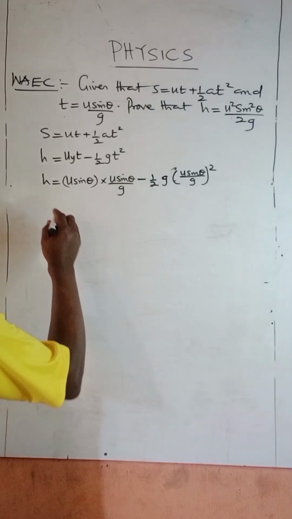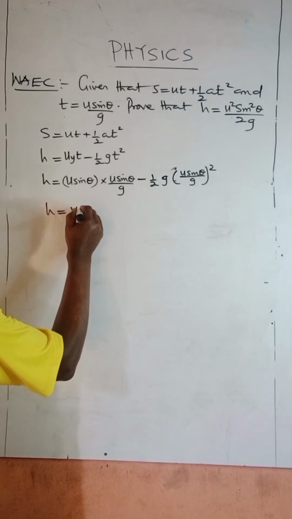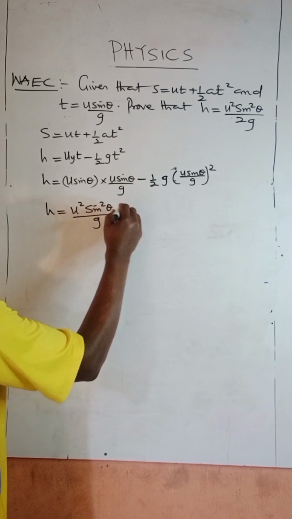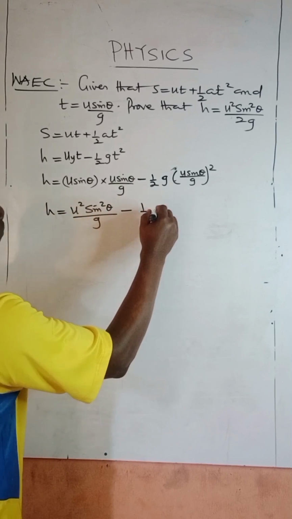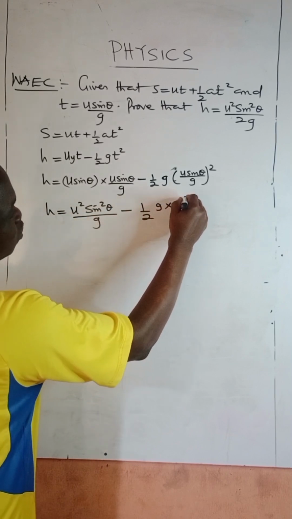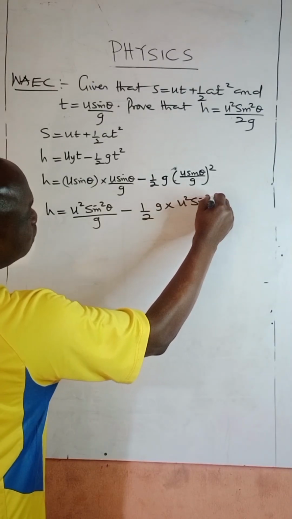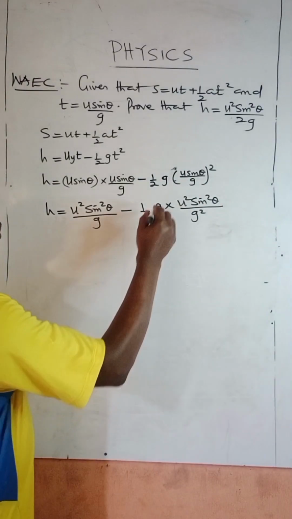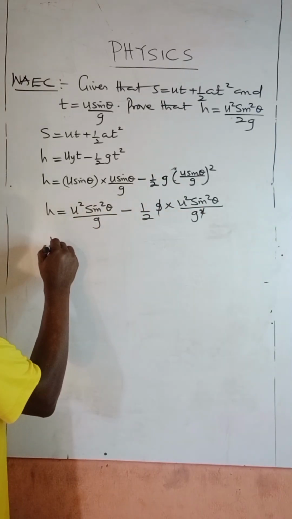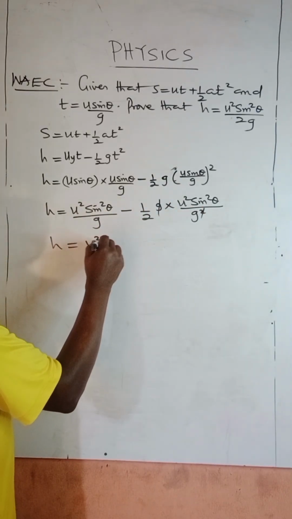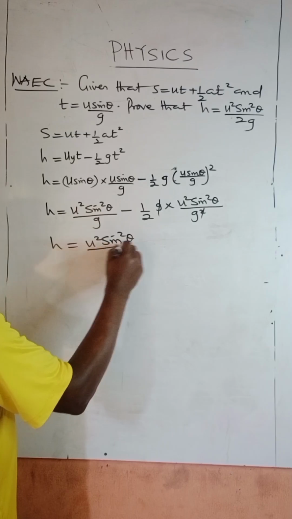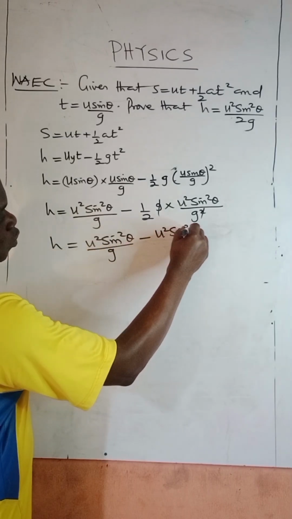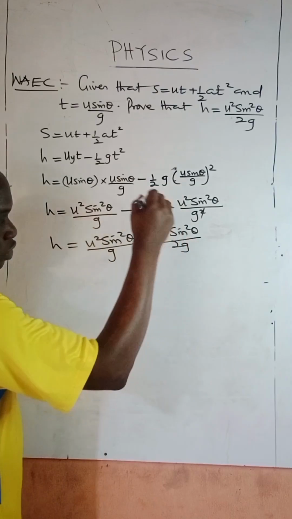So we have H is equals to u squared sin squared theta all over g minus half g times u squared sin squared theta all over g squared. When you open the bracket, g will cancel one. We have H is equals to u squared sin squared theta all over g minus u squared sin squared theta all over 2g.